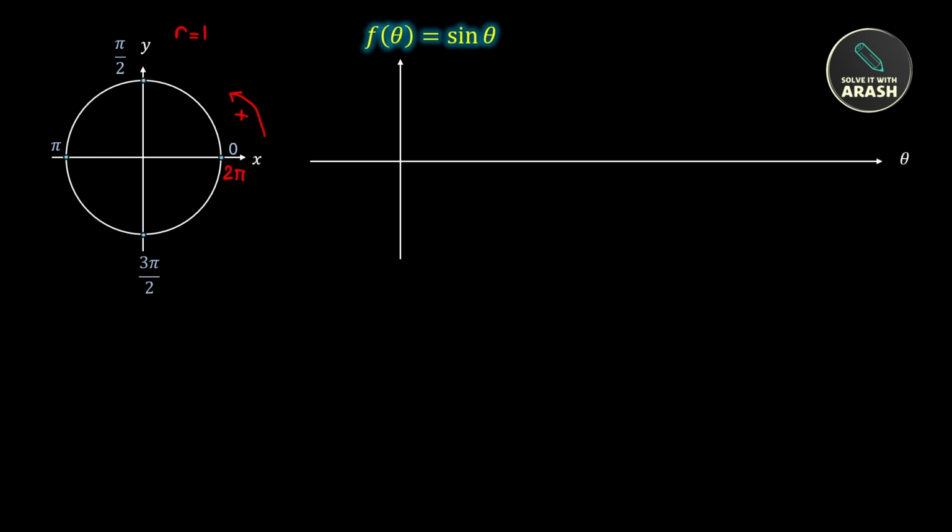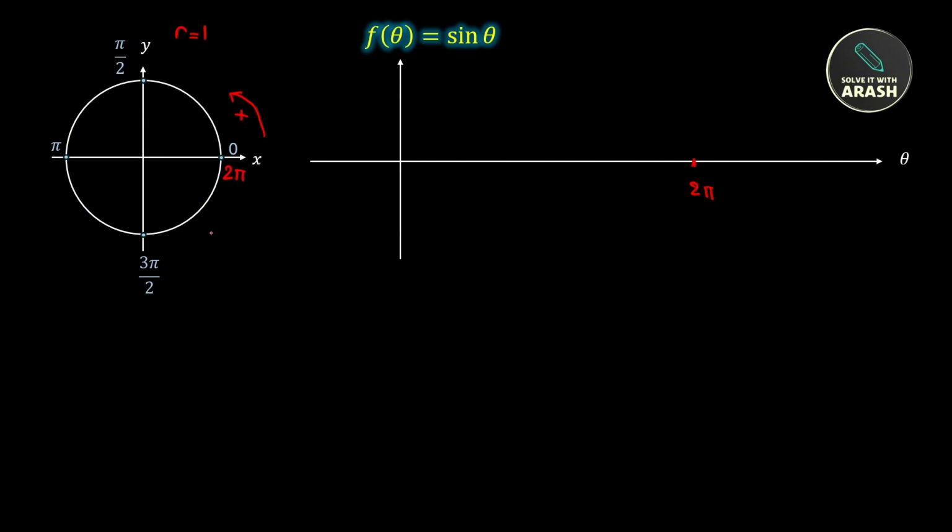So let's show the xy axis. The horizontal axis represents theta, and the vertical axis represents f of theta. Since we're going to have one full revolution from 0 to 2 pi, the maximum theta I'm going to use is 2 pi. So let's mark here and call it 2 pi.